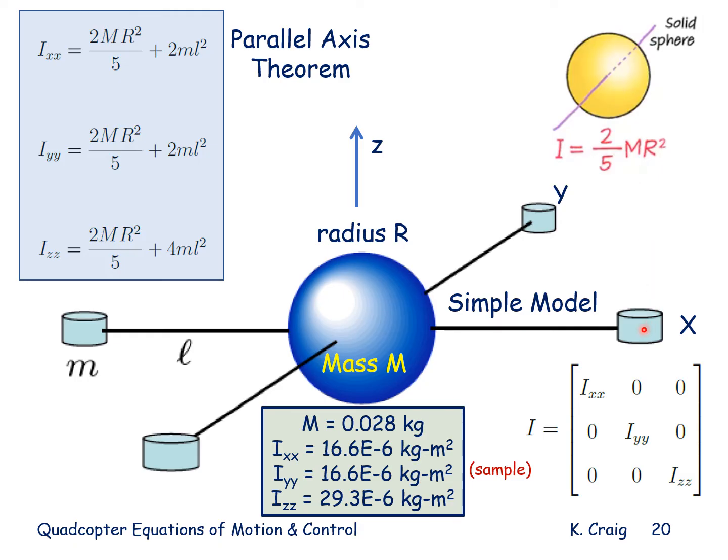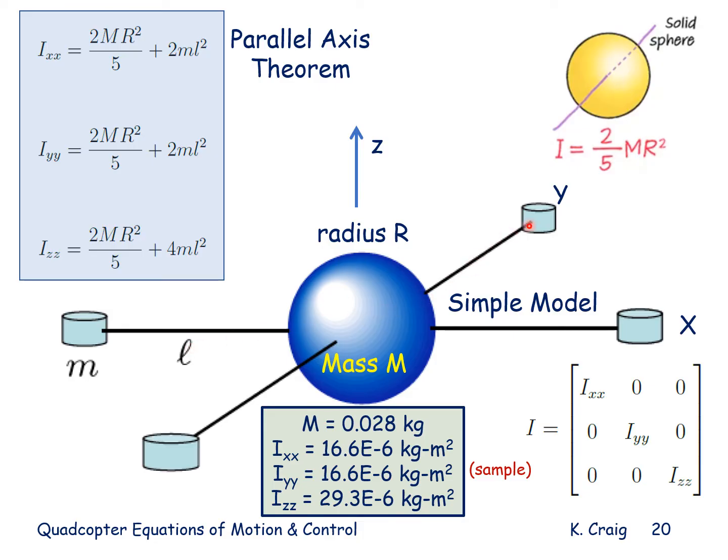The point masses along the x-axis do not contribute to the mass moment of inertia about the x-axis, but through the parallel axis theorem, the point masses along the y-axis, and there are two, contribute to the mass moment of inertia about the x-axis by the expression m, its mass, times this distance, which is expressed as L, squared.